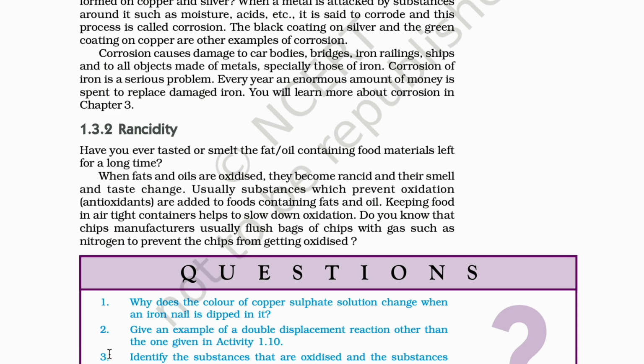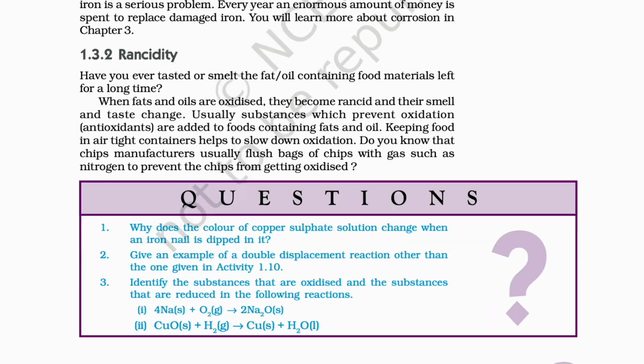Identify the substances that are oxidized and the substances that are reduced in the following reactions. First, 4Na solid plus O2 gas gives 2Na2O solid. Second, CuO solid plus H2 gas converts to Cu solid plus H2O liquid.